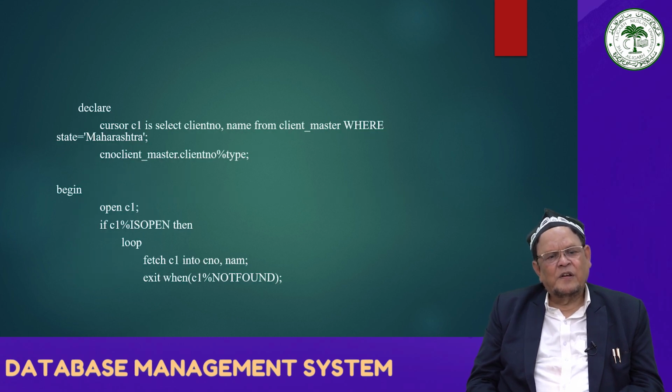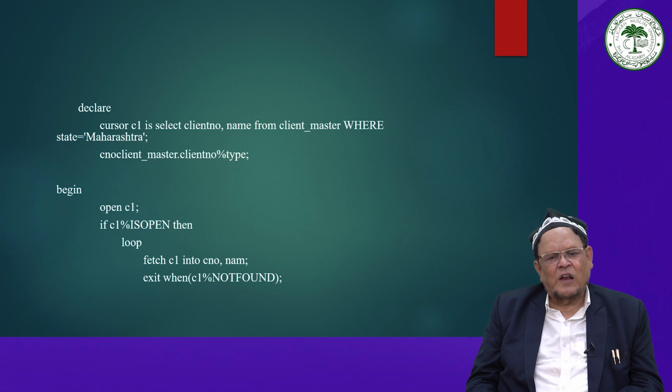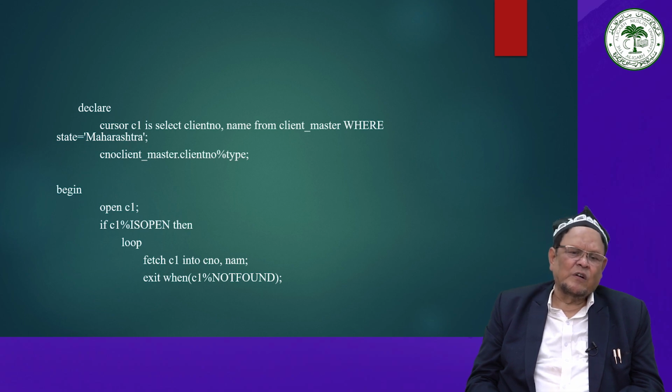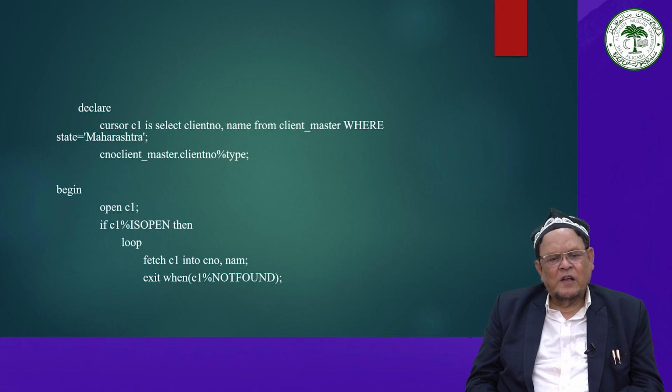Then declare cursor C1 is select client number, name from client master where state is equal to Maharashtra, C client master dot client person type, then begin, open the C1, if C1%ISOPEN then loop, then fetch C1 and exit.